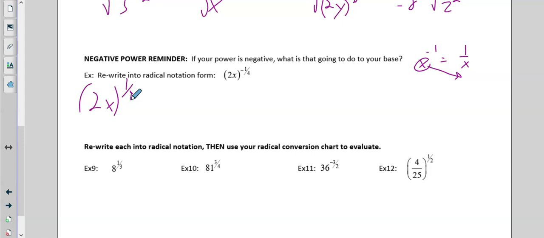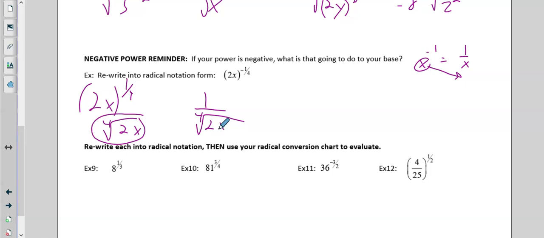Okay, that would simply be the entirety of the 2x here, like so. But when it's negative, it's the exact same thing. We're going to take the same thing and just put it down here. That's the only difference. The negative exponent just moves it downstairs.